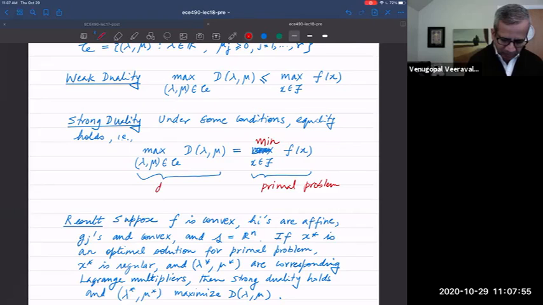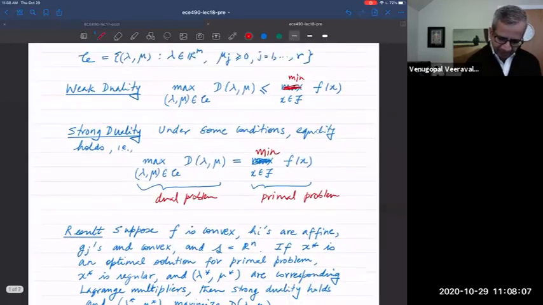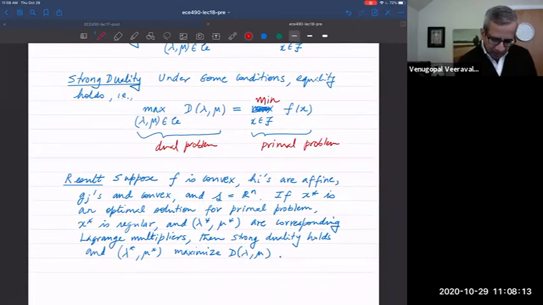And this is the dual problem. So the result we're going to prove is that there are some conditions under which this equality holds.